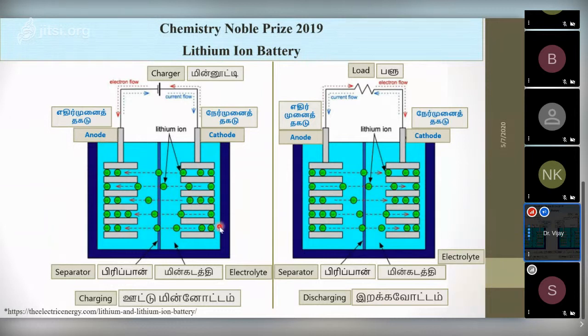That's why we want high surface area nanostructures here, to get those ions accommodated or intercalated, we can say. So this is a charging flow diagram, and this is a discharging flow diagram.